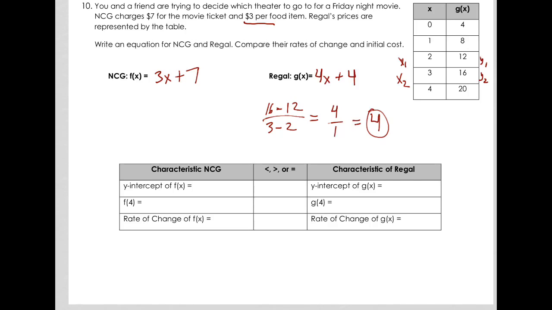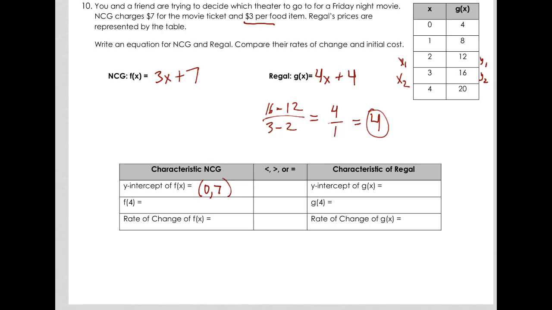All right, we're going down to the little table down here now. So let's fill out the info. Got our y-intercept. That would be 0, comma 7. And then we got to figure out what f of 4 is. How do we figure that out?